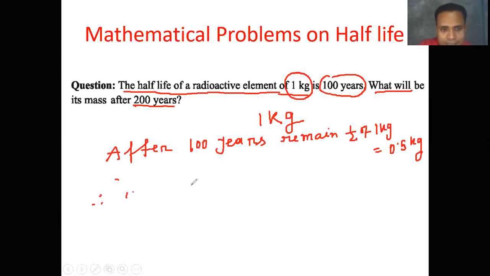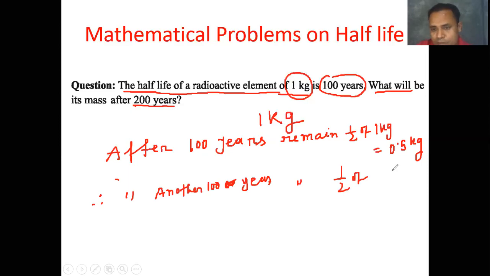Then after another 100 years, remains half of 0.5, that is 0.25 kg.